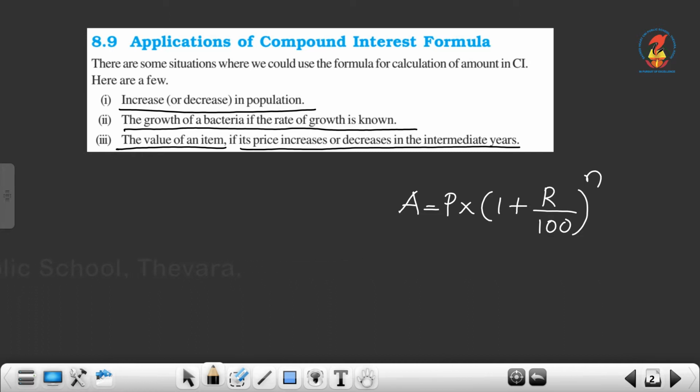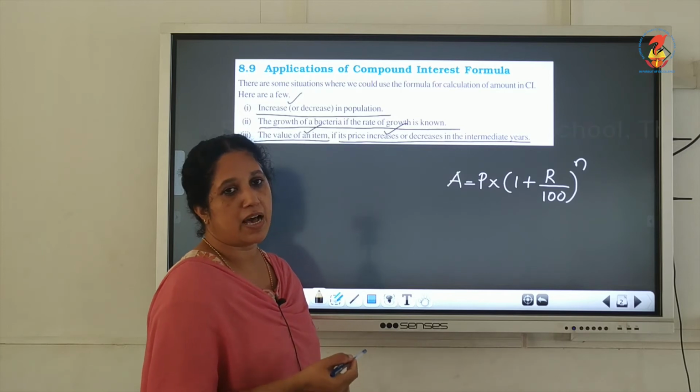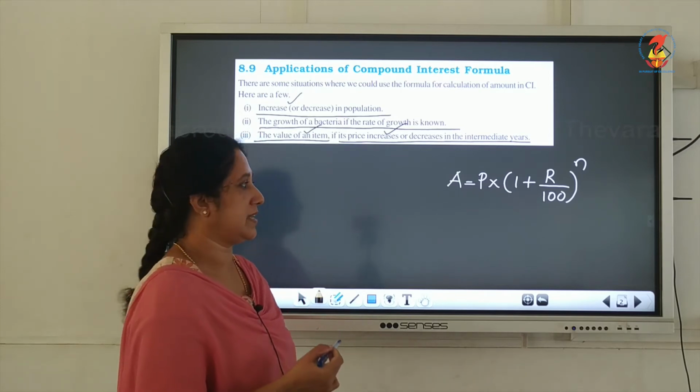If there is an increase in population, we can apply the formula A is equal to P into 1 plus R by 100 all raised to N. The same applies to the growth of a bacteria if the rate of growth is known, and the value of an item when its price increases.